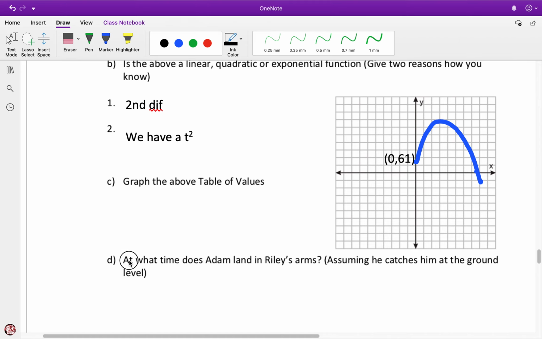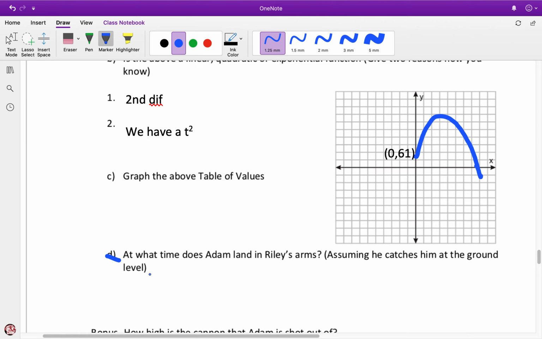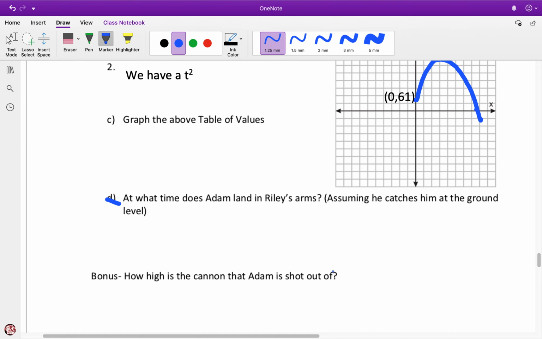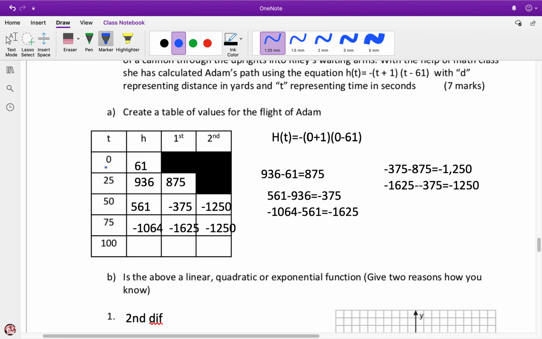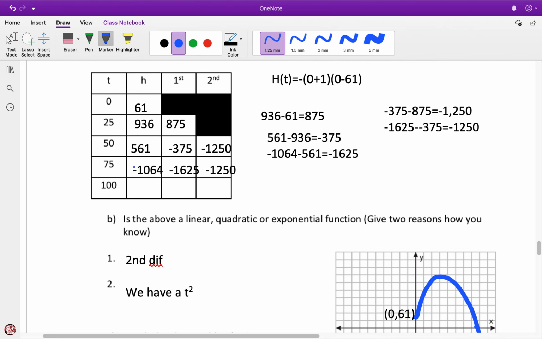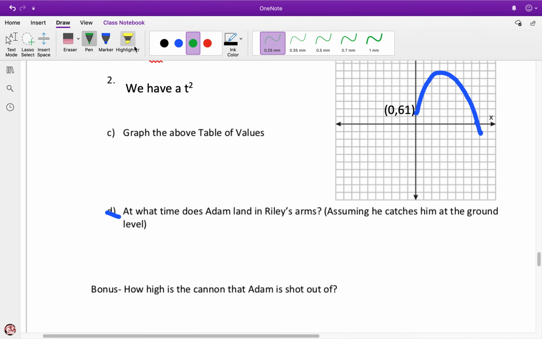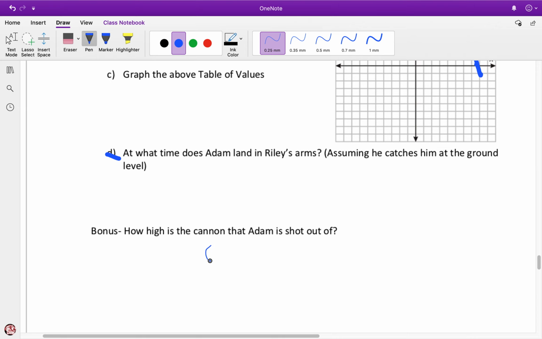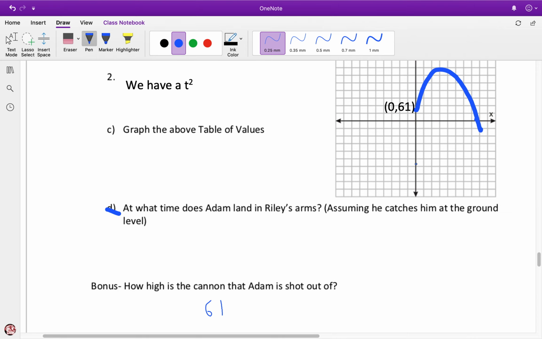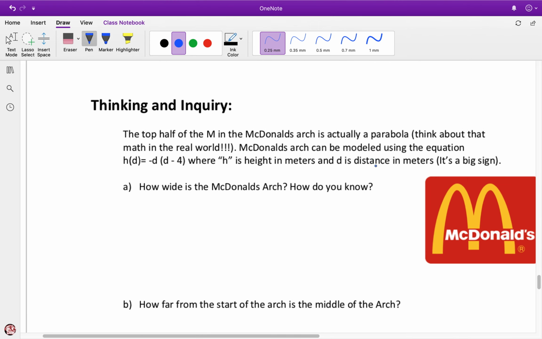I scratched this one since it didn't come out, so you weren't ever marked on this question. You got a freebie mark, but this one here, how high was the cannon when it shot off? Well, at 0 time, it was 61 height, so that answer is going to be 61, because right when he shot, he's already at 61 height, so that's how high the cannon is.